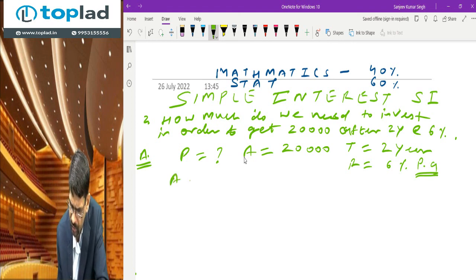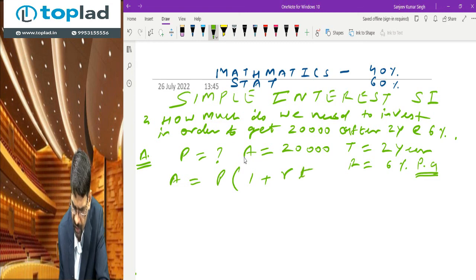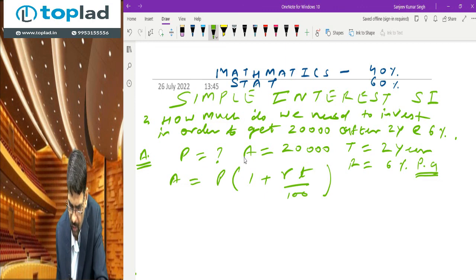So put all these values in this formula: P times (1 plus rate times time divided by 100) equals 20,000.